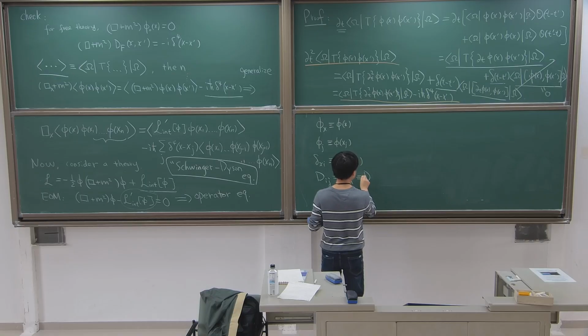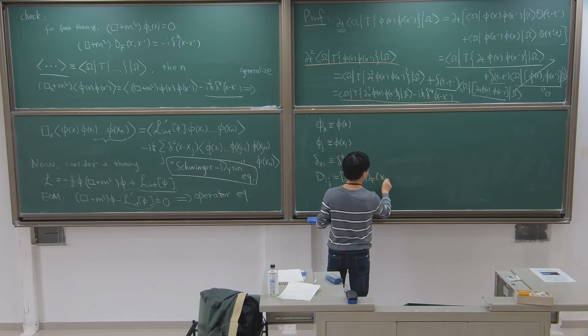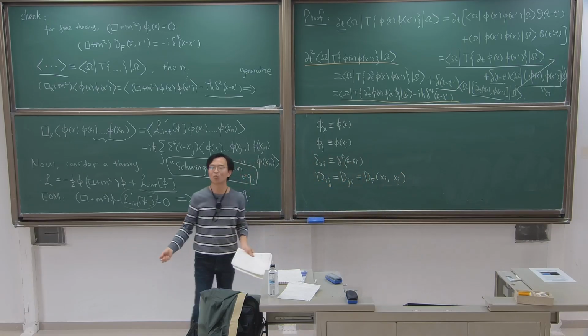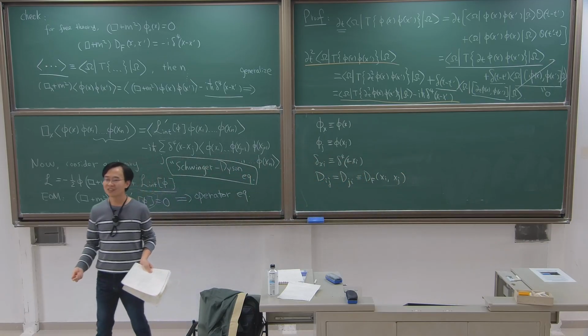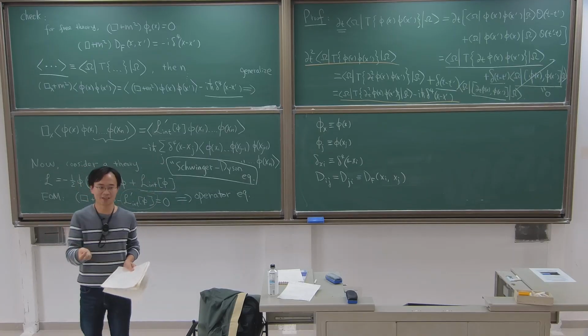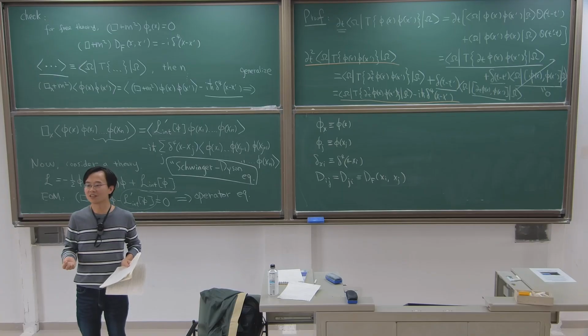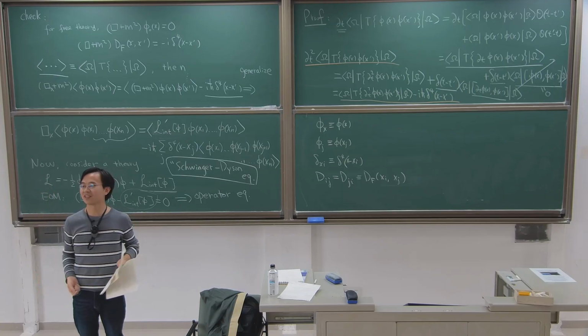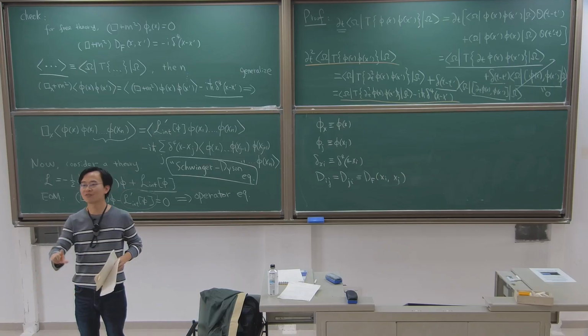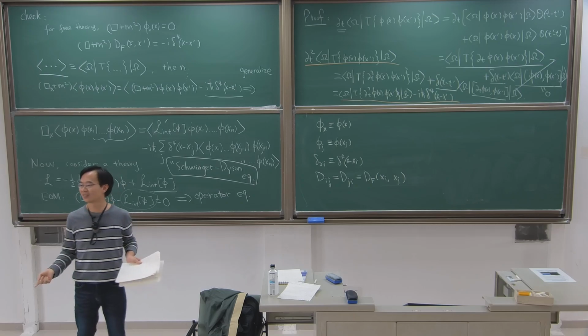This is defined as D_F(x_i, x_j). It doesn't matter ij or ji, because the time ordering depends on your explicit location. If you give me the explicit insertions, which one has the earlier time, which one will be staying right. So you are free to say D_ij or D_ji. Doesn't matter.